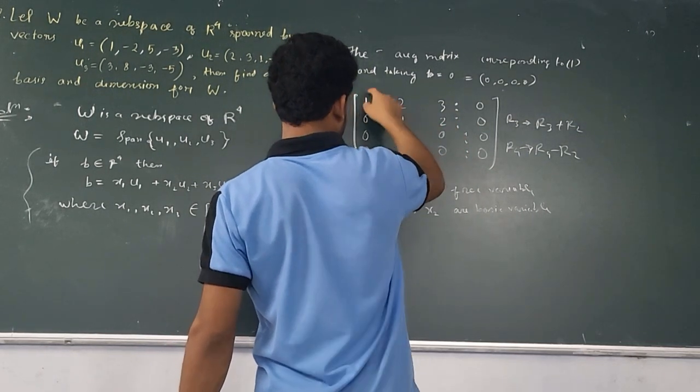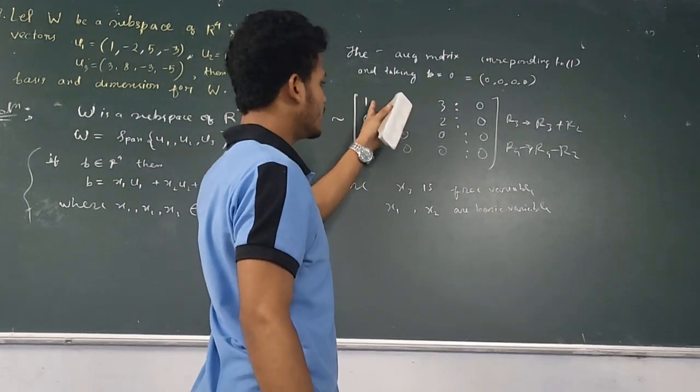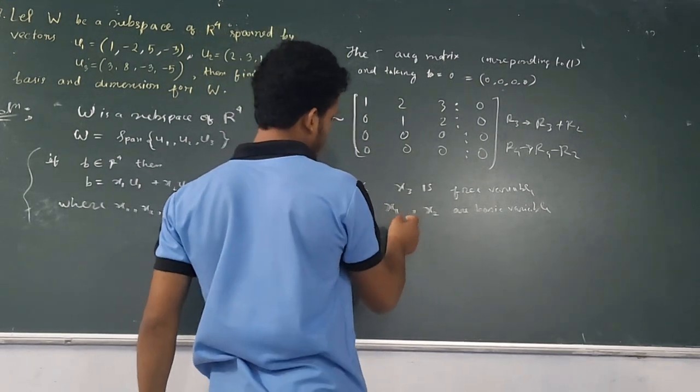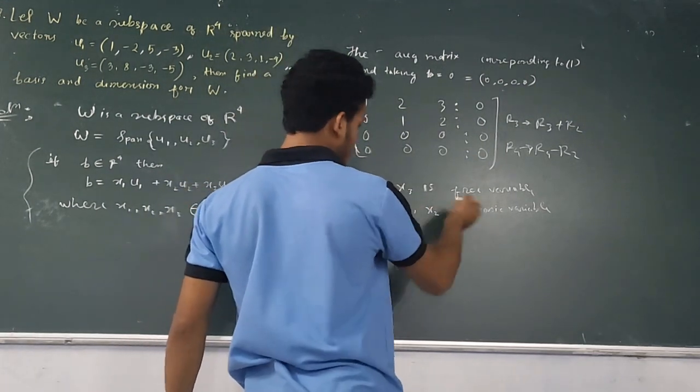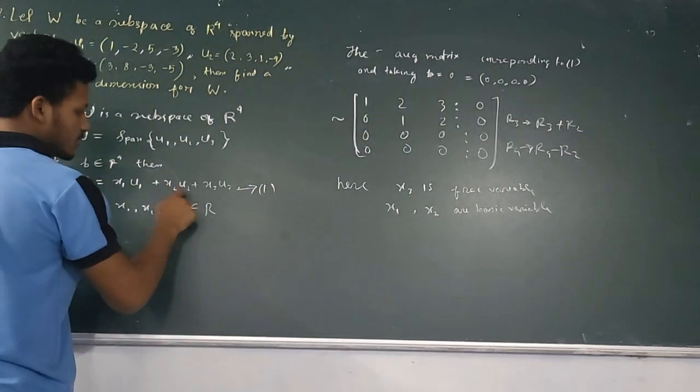So these two are linearly independent, because these two are basic variables. Corresponding to x1 it is u1, and for x2 it is u2.